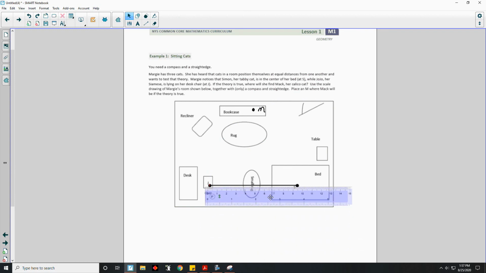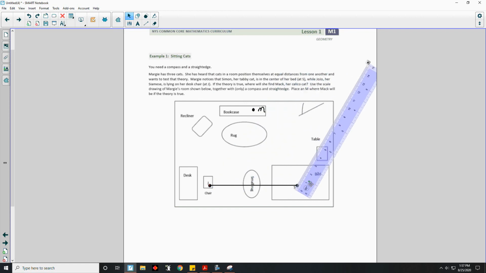Alright, so if I measure this, it looks like about 92, 93 centimeters. And then if I rotate it and I measure from J to M, it's about 92, 93 centimeters.